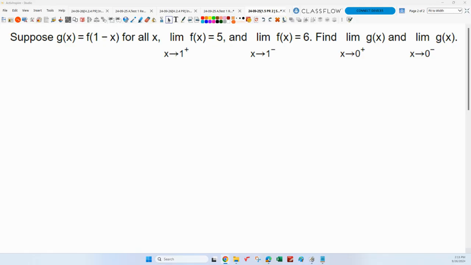Look what they do. They define g of x in terms of f of x, right? Right here. They want us to find the limit of g of x as x approaches 0 from the right.